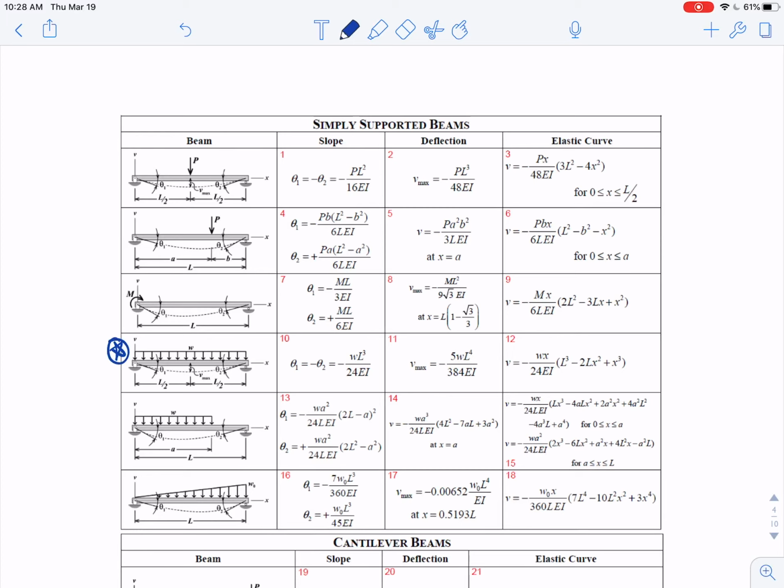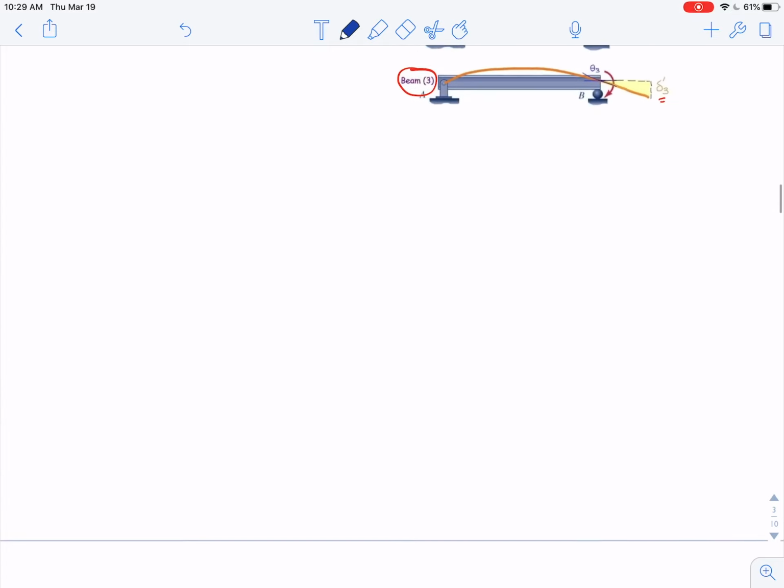We're calculating the slope at the right end. There are the left support and right support, which have 2 slopes with the same magnitude, one negative on the left side and one positive on the right side, but the equation will be the same.